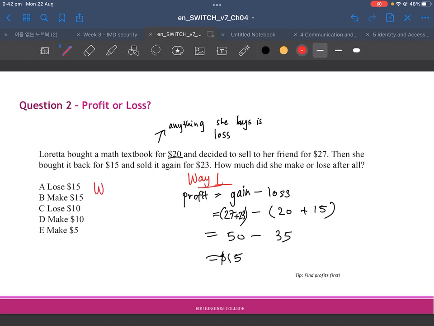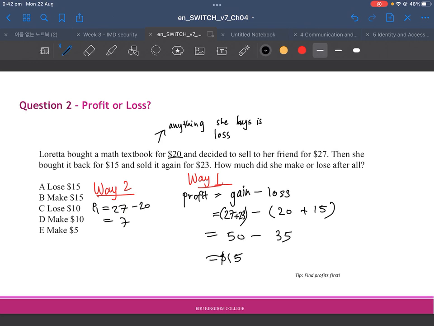Let's have a look at way 2, and I would recommend this way because it's faster. Because we're calculating gain minus loss anyways, if we calculate the profit at each stage of the transaction, then we can skip a couple of steps. What do I mean by that? Loretta bought a maths book for $20, then decided to sell it to her friend for $27, meaning that the profit there, I'm going to call that P1, equals 27 minus 20 equals $7.